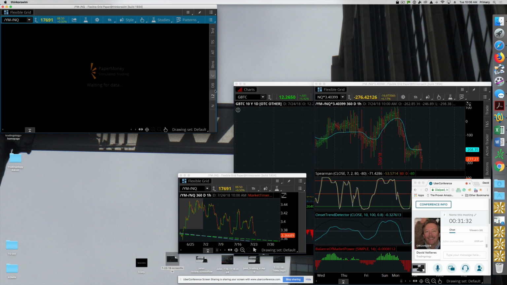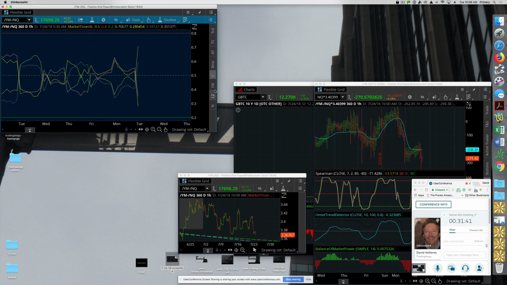Data is a little bit slow today, or it could be my internet, I'm not sure. A little bit of a separation here. Pretty big separation actually between the number of advancing issues and the volume.